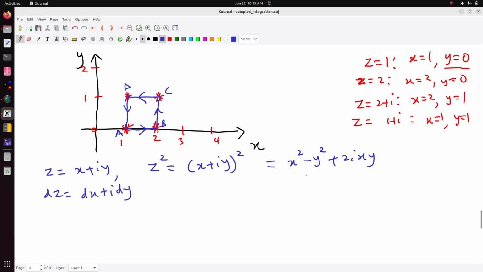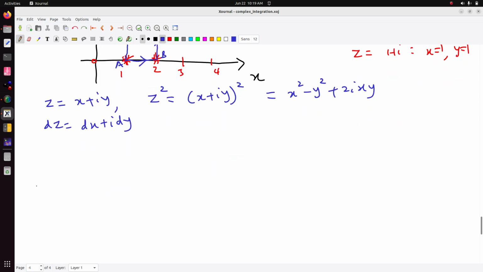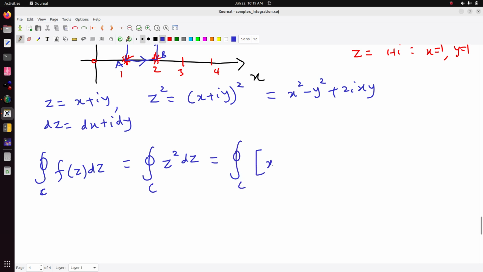Now, the integration over the closed curve C, we know that the answer is 0, but we want to verify it. The integral of f of z dz, in this case, f of z is z squared, dz. And we have written z squared to be x squared minus y squared plus 2i xy.